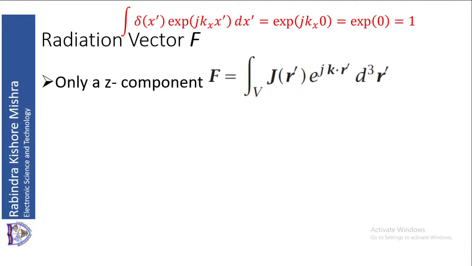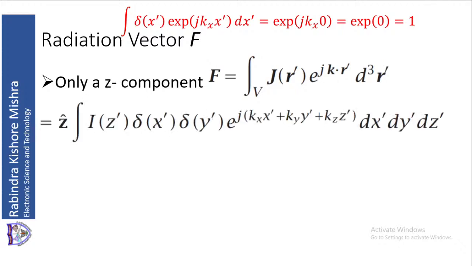Let us see how it will have only Z component. F is equal to integration J R dash exponential jk dot R dash, integration over the volume. This is the definition of F that we have already seen. Why are we taking R dash or R prime? Prime indicates that the integration is over the source, whose position vector is given by primes.